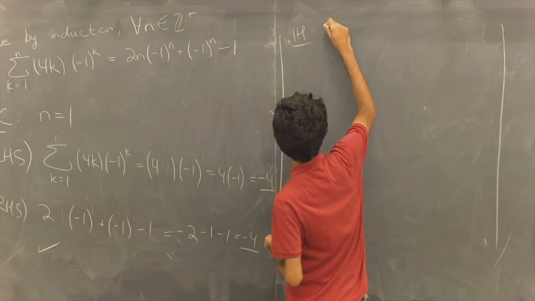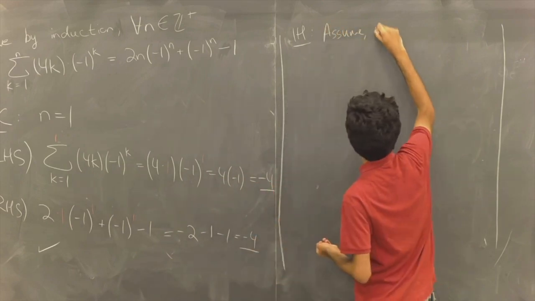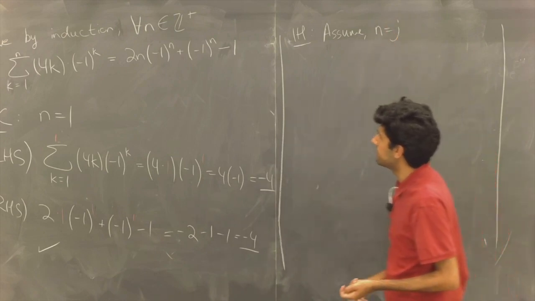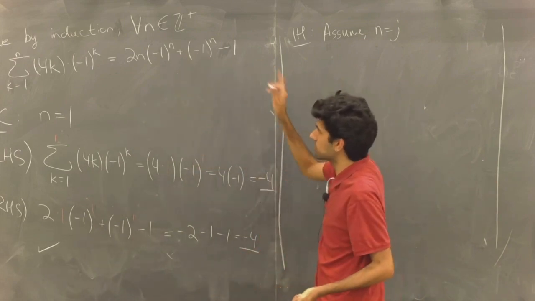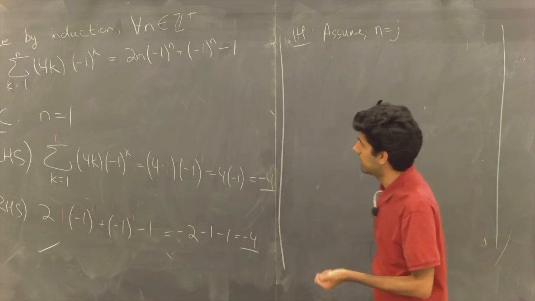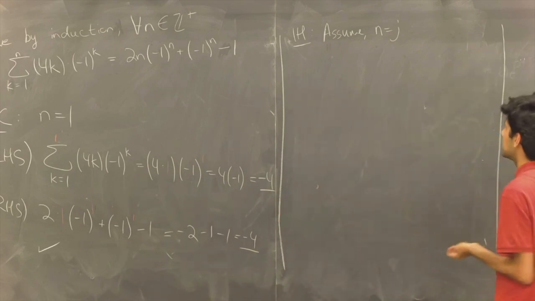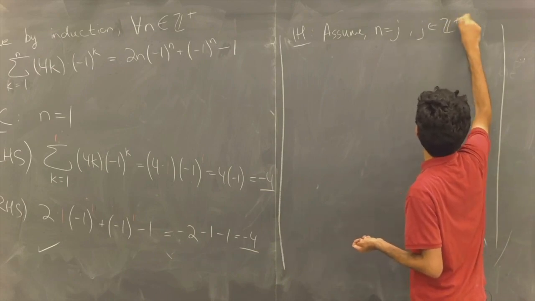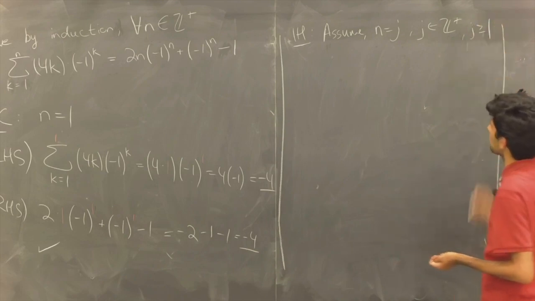So we're going to assume something to be true. We're going to assume for n equals j, I'm just going to change my variables to j because n is already defined here, and I just want to make an assumption for some sort of value of j. Sometimes we change it to k. In this problem I'm already using k, so I just chose a different variable, but you just have to do the change of variables. j shares the same domain as n, so it's also greater than or equal to 1.